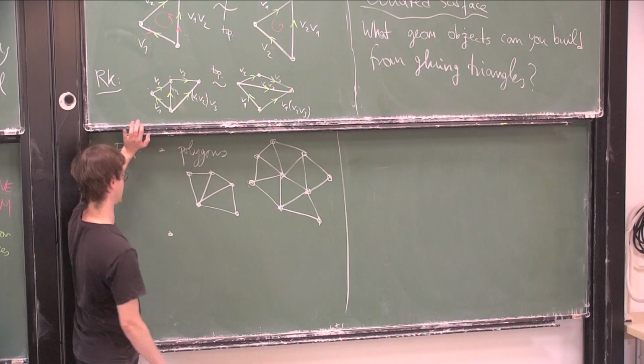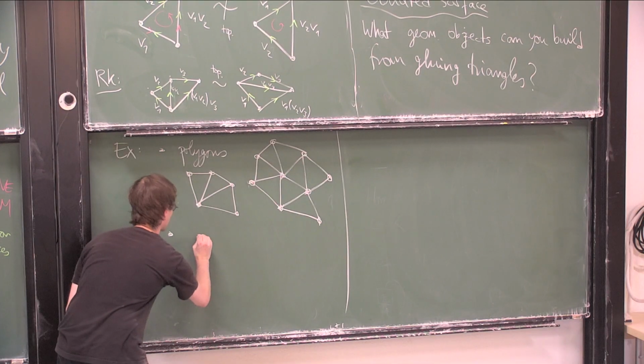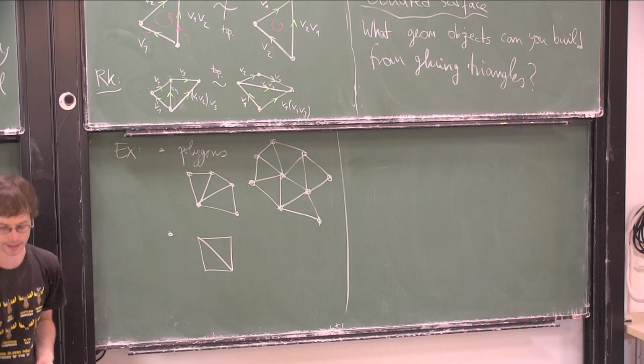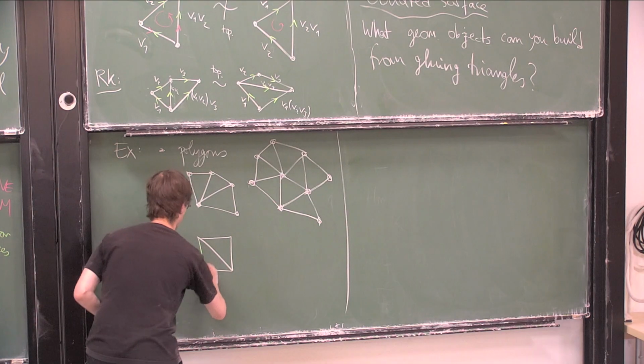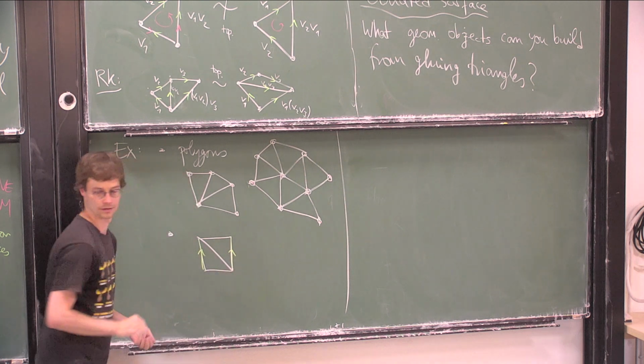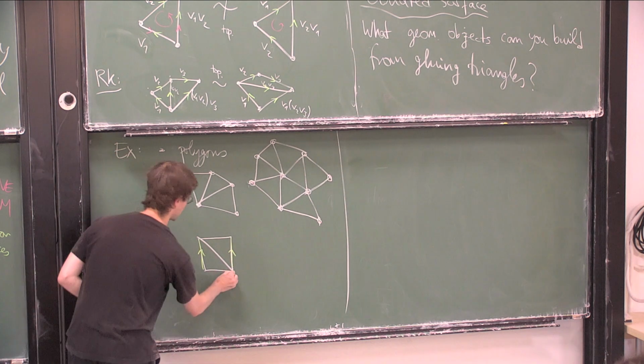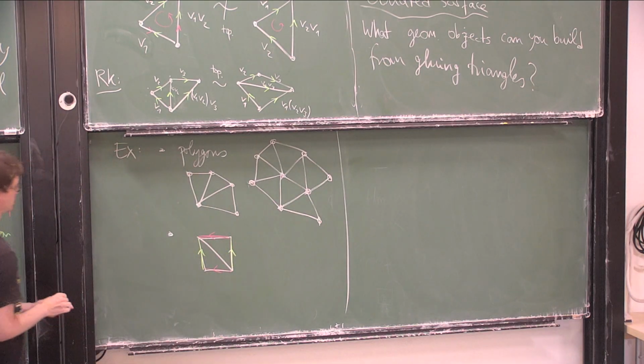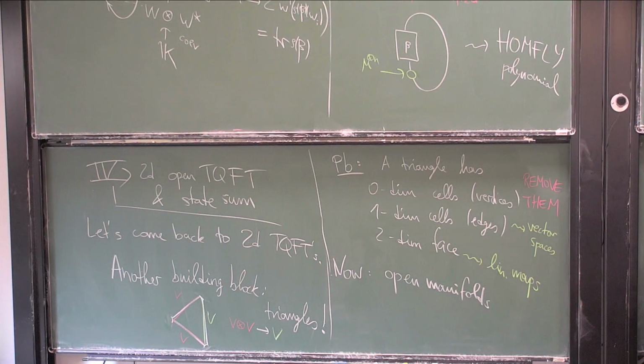Surfaces, yeah. Let's do, for example, two triangles like this. You glue them together, and then I identify this with this, and this with this. This is why it's so hard, because you can actually glue things together. So this is homeomorphic to what?